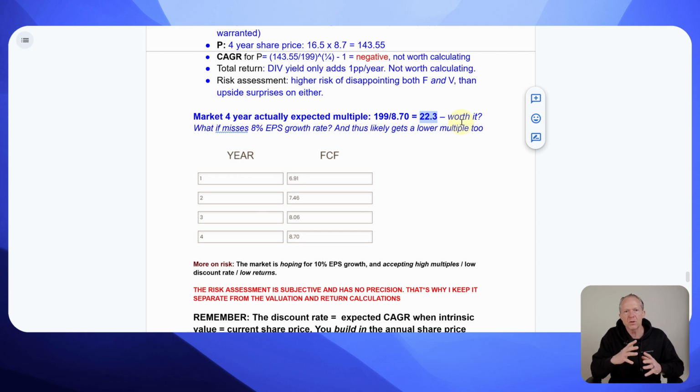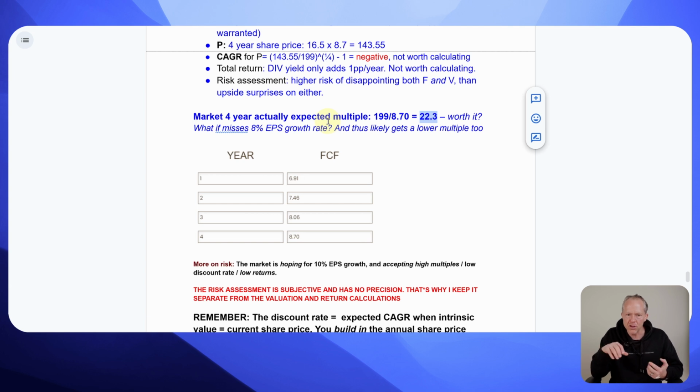So if the stock price were to just stand still over 4 years, then we would still be at a 22 times EPS multiple, and having had to wait 4 years for that. So this is the type of risk we're talking about.